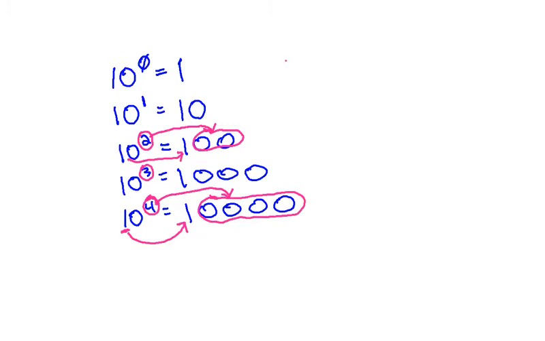So you could do that with anything. 10 to the 8th power. What's 10 to the 8th power? Well, you carry that 1 on over first, and then you just put 8 zeros behind it. 1, 2, 3, 4, 5, 6, 7, 8.